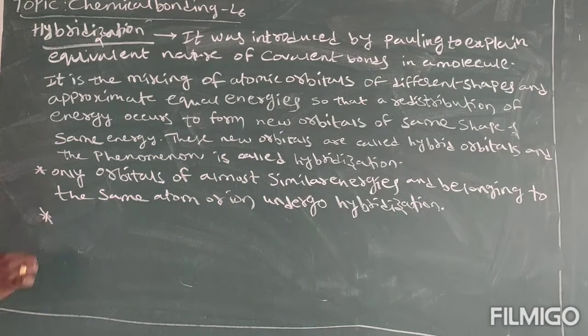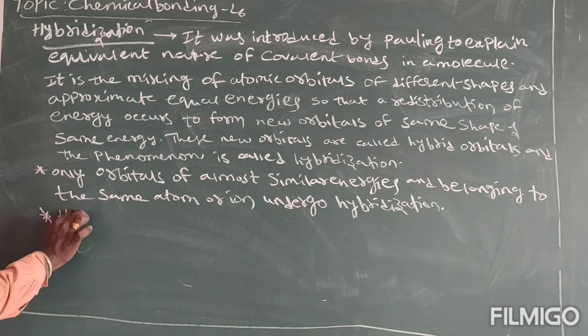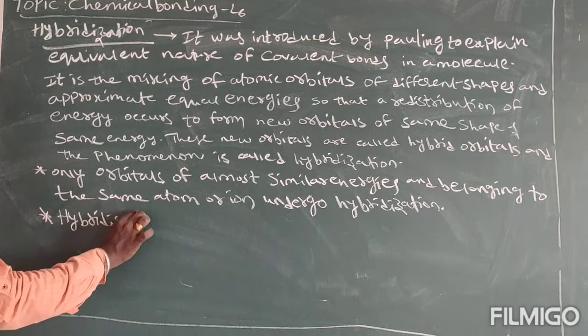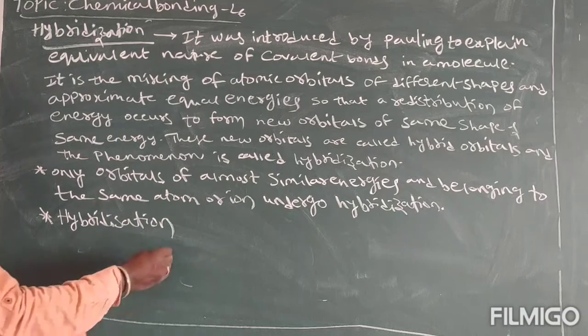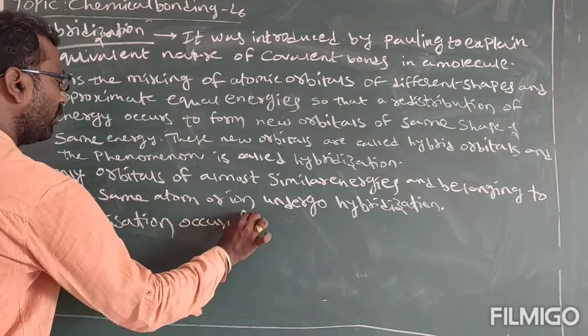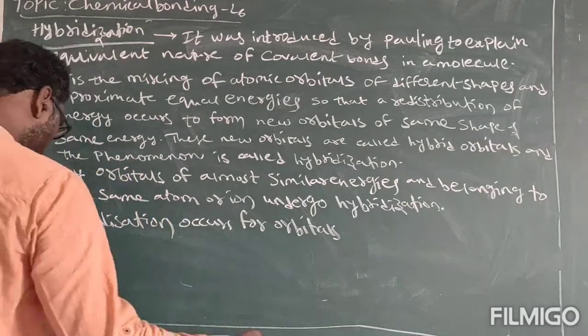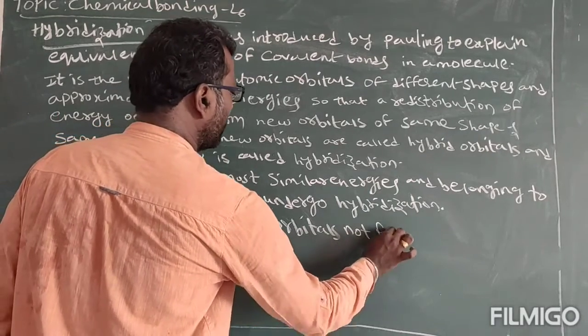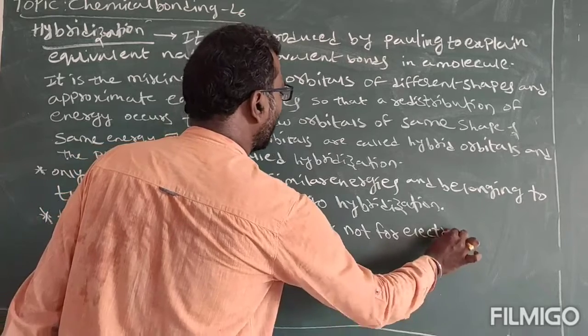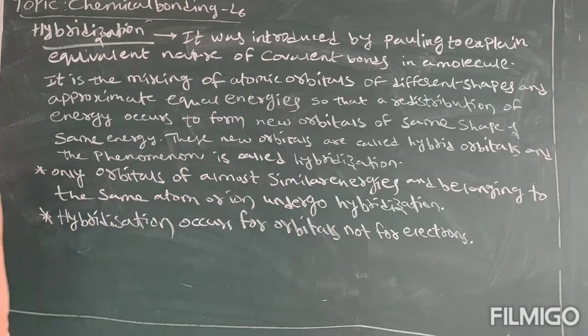And hybridization is only of orbitals but not of electrons. Hybridization occurs only for orbitals, but it is not for electrons. That is one more concept we have.